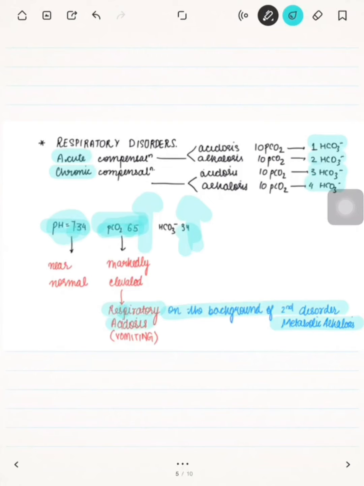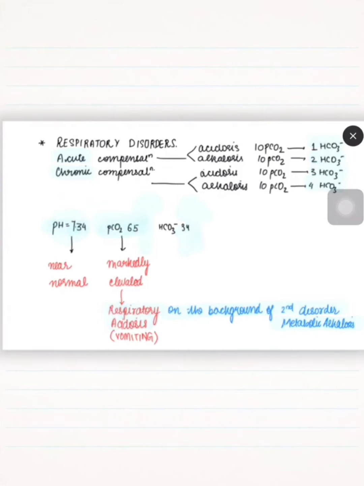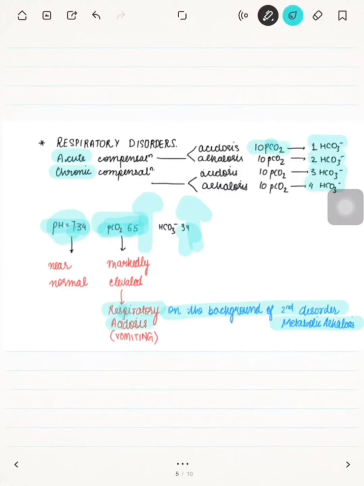It is increasing beyond that. For every 10 rise in PCO2, the compensation would be a 1 increase in bicarbonate. But here it has increased by 25, so it should have increased by 2.5, and normal bicarbonate is 24. 24 plus 2.5 is 26.5 bicarbonate, and it is increased beyond this. So there is some other disorder causing HCO3 minus to increase in the body, which is a metabolic alkalotic disorder.